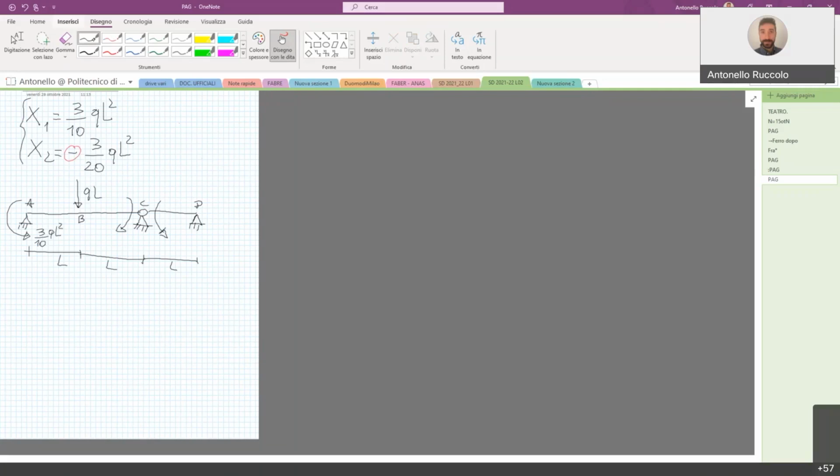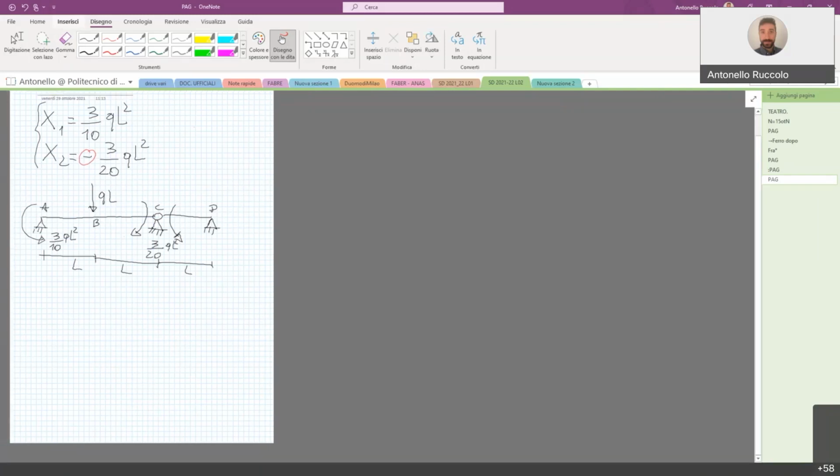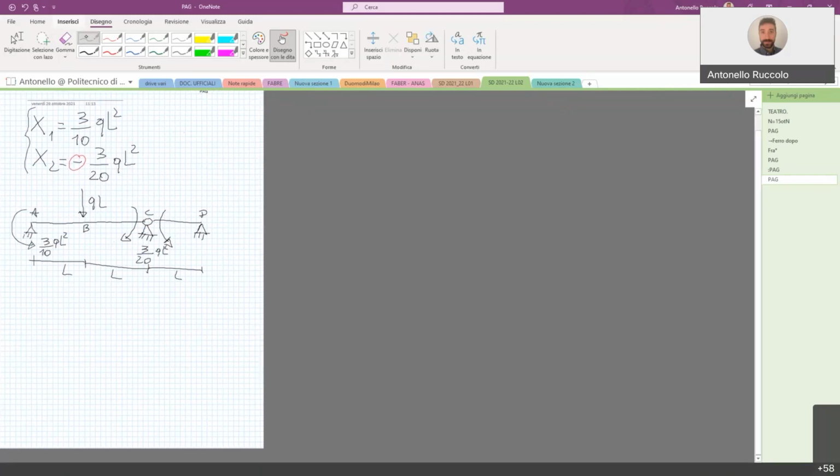And its value is equal to 3/20 QL to the power of 2 and nothing else. Okay. So we specify our reactions.